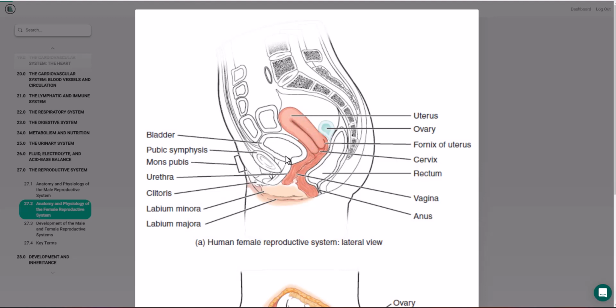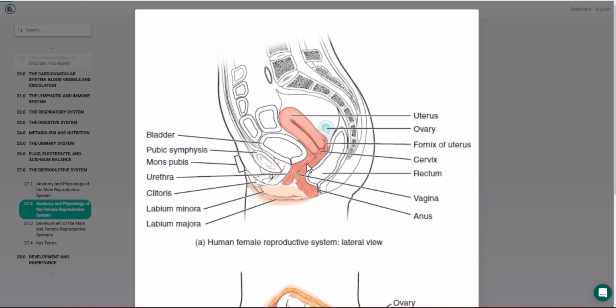We'll see this in a couple of other views, but because the uterus is projecting up into the abdominal pelvic cavity, it does create a couple of dead-end recesses here. There's one here in between the bladder and the uterus. And there's also a dead end right here between the rectum and the uterus.